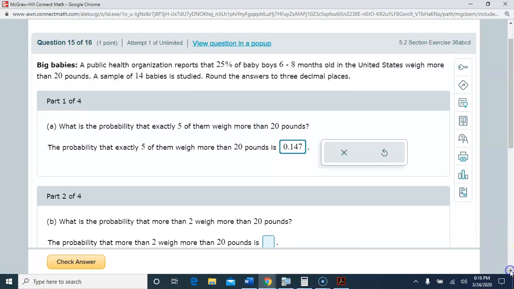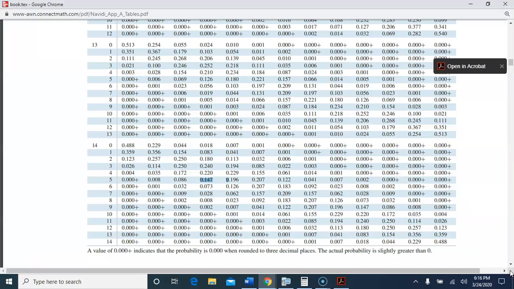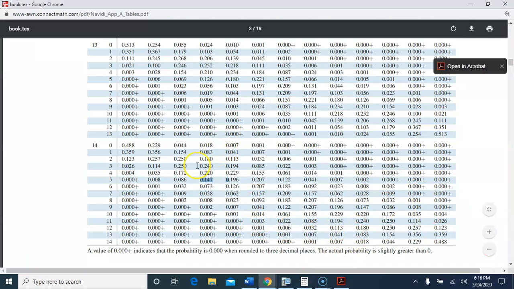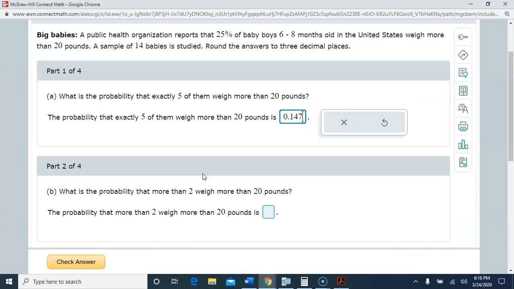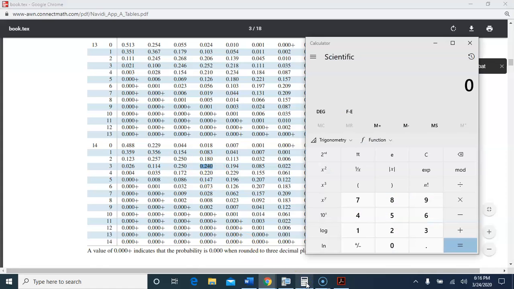The next part of this, what's the probability that more than 2 of them weigh more than 20 pounds? More than 2 of them means we have either 3 successes, 4 successes, 5 successes, all the way up to potentially 14 successes. So I'm going to start off with 3. Let me bring up my other calculator here.